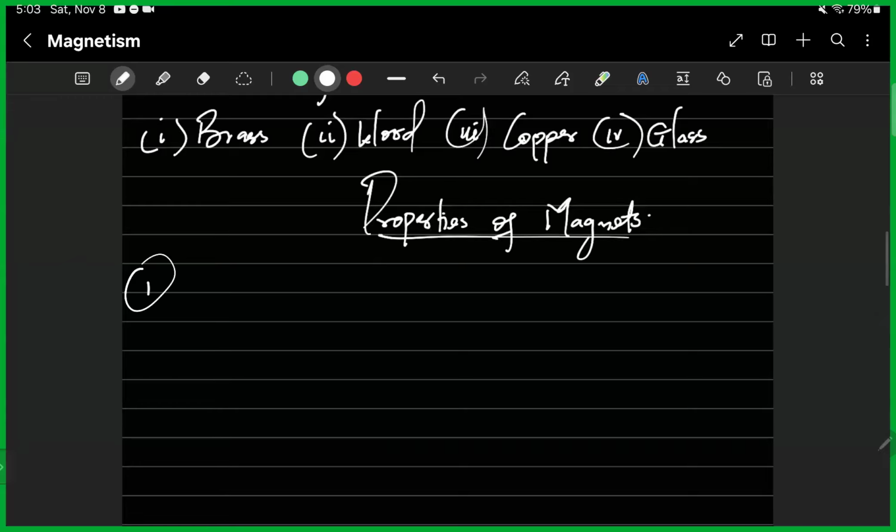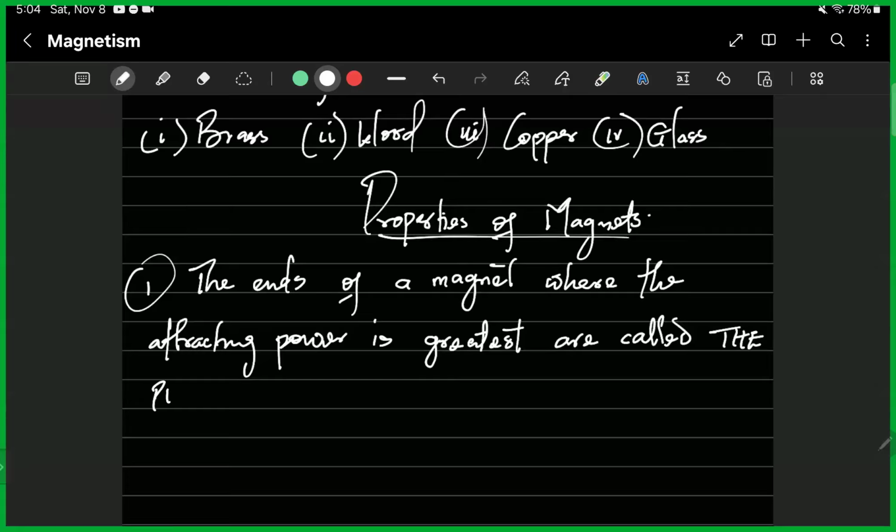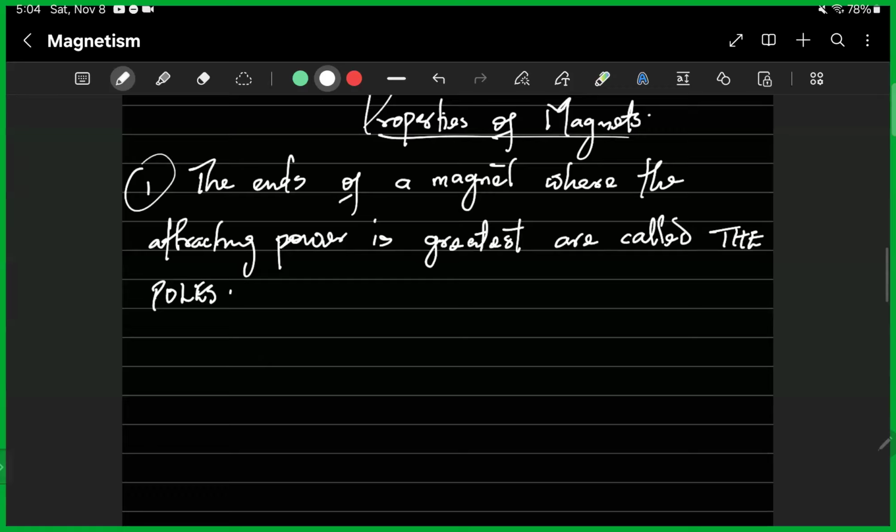Number one, the ends of a magnet where the attracting power is greatest are called the poles. So the attracting power of a magnet is greatest at the poles.